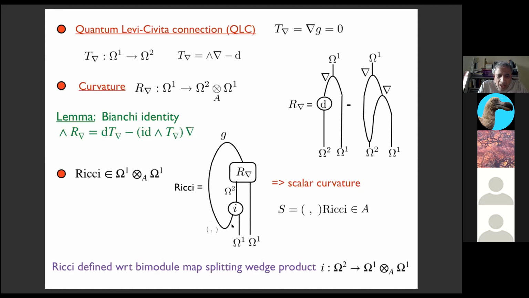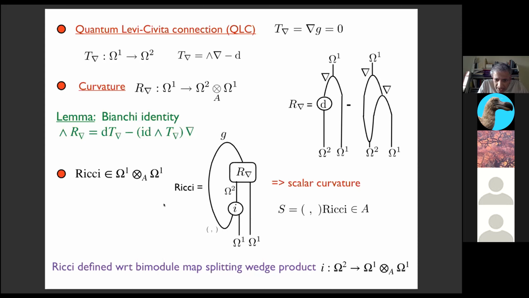The one deficiency of this approach is that the natural thing to do is to contract the input index of Riemann with the first index, which is not what you do in textbooks. So we get a minus sign relative to textbooks, but there's no rationale to putting it over to the other side. That would just be awful.